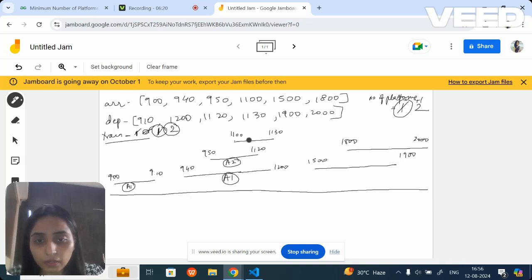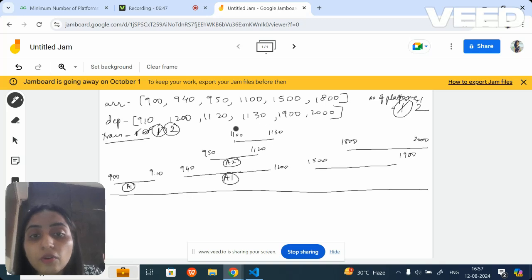Now, when these two trains are there, at 11 o'clock this train sees that there is a train on platform A2 and A1. I can see two platforms and two trains over here. Let me check, is A2 available? No. Is A1 available? No. What do I do?